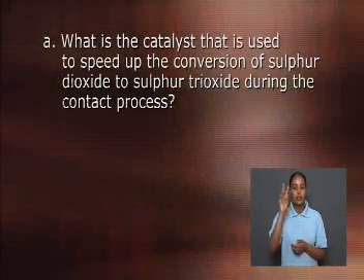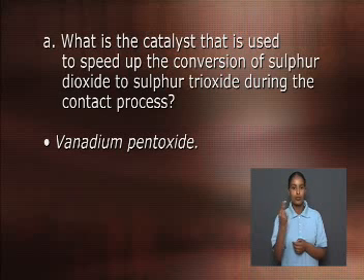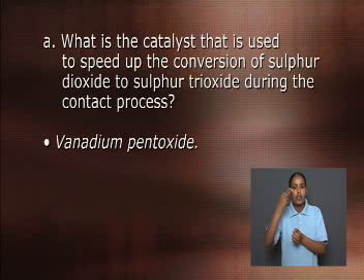Vanadium pentoxide is used as a catalyst to speed up the conversion of sulfur dioxide to sulfur trioxide during the contact process.